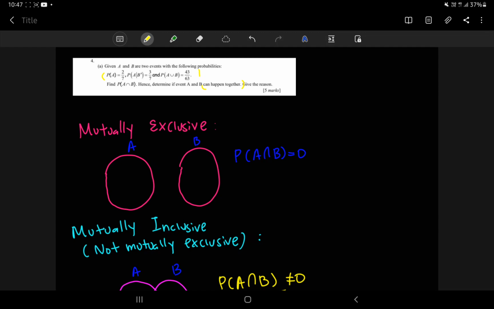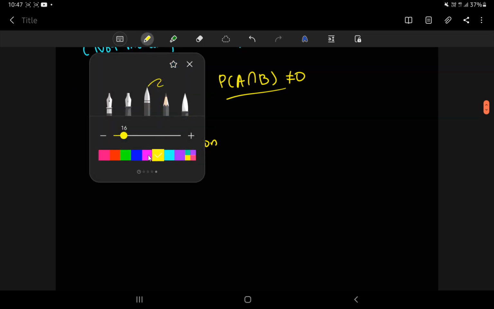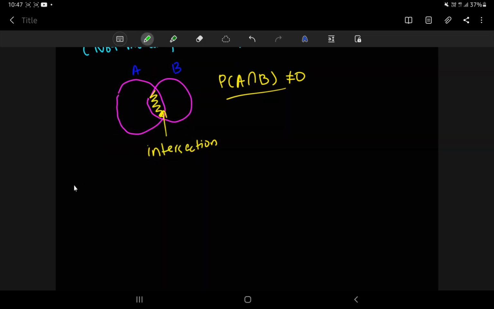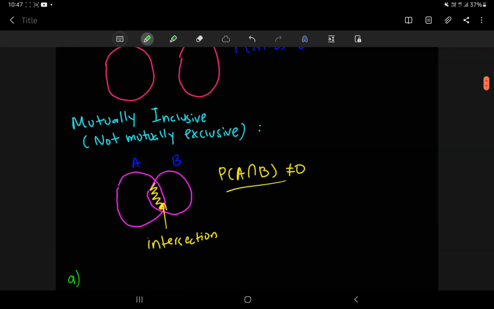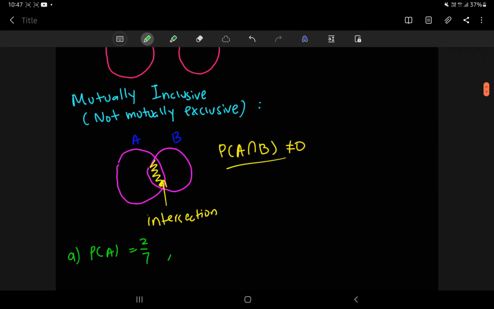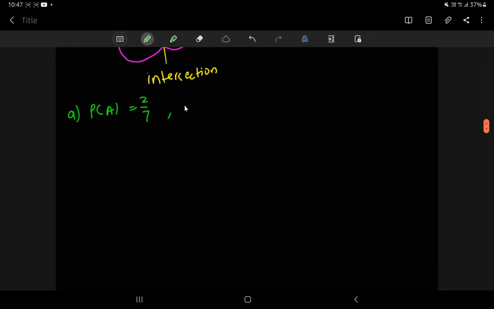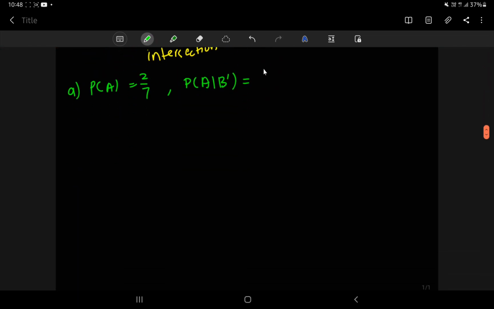So let's get into the question. We are given the probability of A is 2/7, and the probability of A given B complement is 3/7.